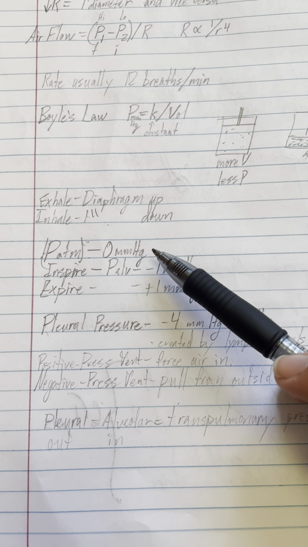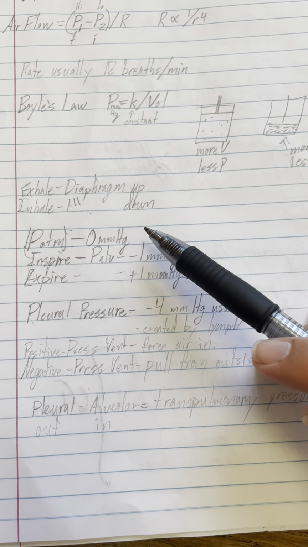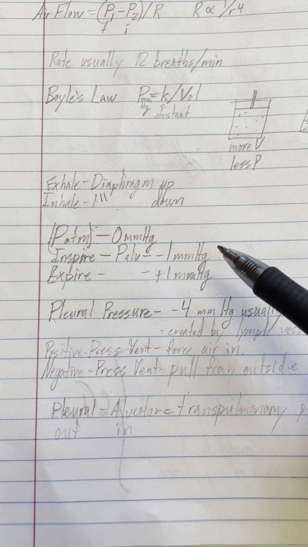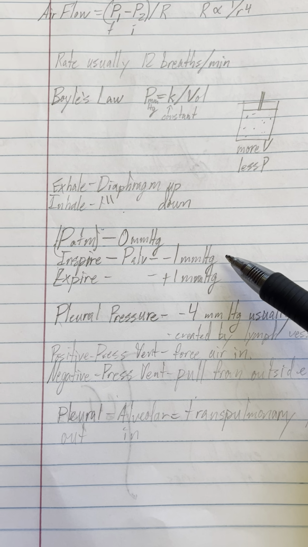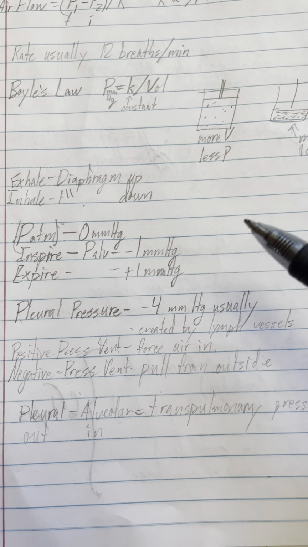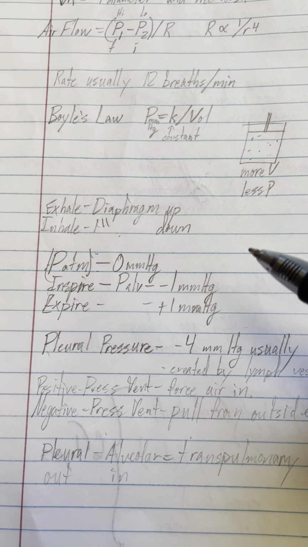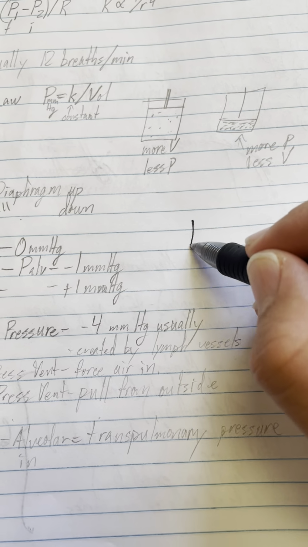Some things we need to keep in mind is atmospheric pressure is usually set at 0. And so in order to inspire, we need to create a negative pressure within the alveoli. So you would pull in air. Pressure always goes from high to low.